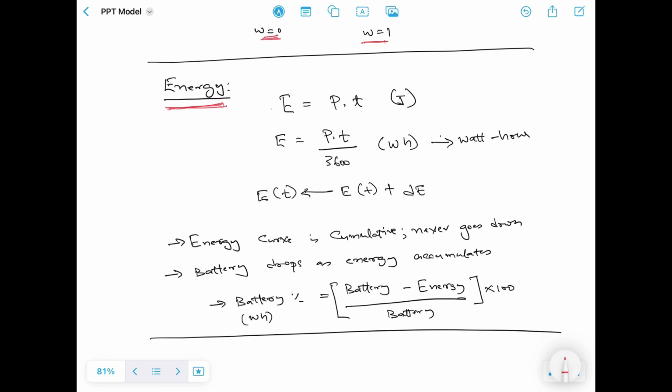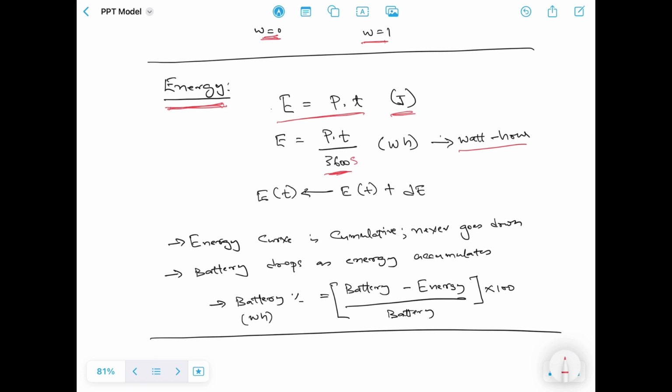Energy is simply power times time, P times T, and this is expressed in joules. So if we want to convert this to watt hour, then we just divide it by 3600 seconds, and we get this in watt hour.